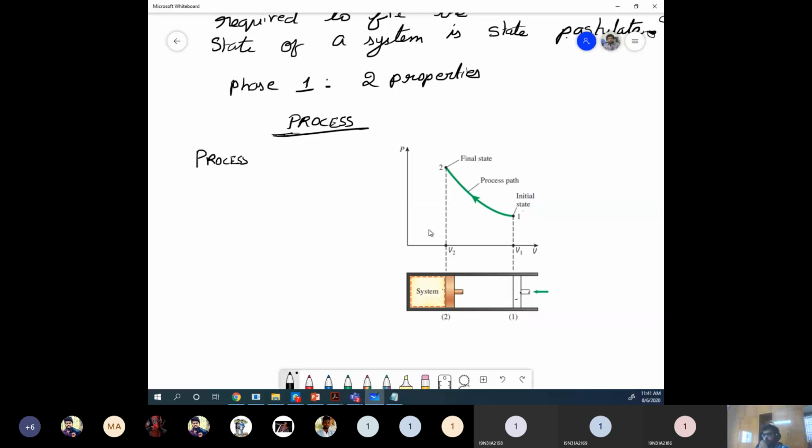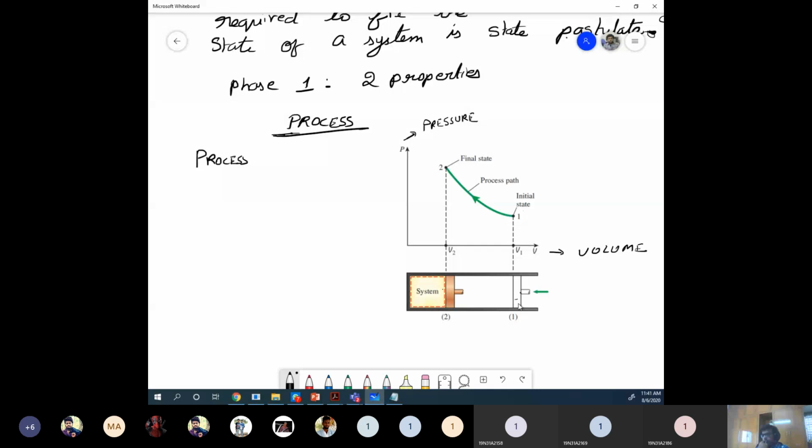We are trying to define this process with two terms. One is pressure, P, and the other is volume, V. On the x-axis I have volume, and on the y-axis I have pressure.